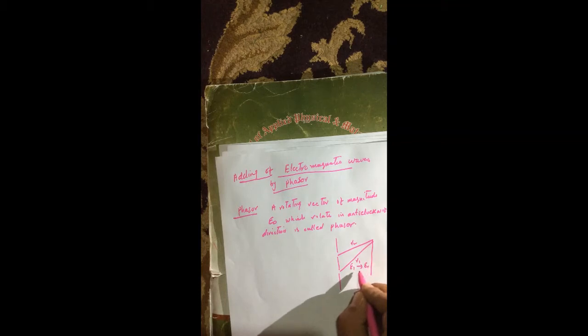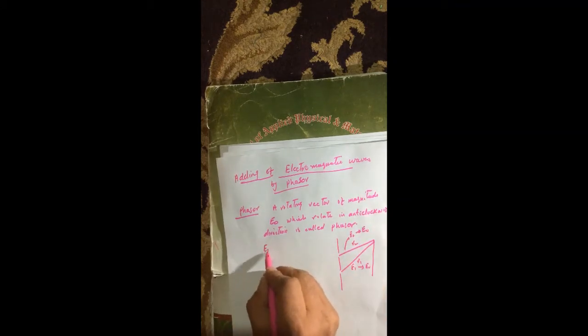This vector is represented by E1. Its magnitude is E naught. And this is vector E2, and it is also magnitude E naught.